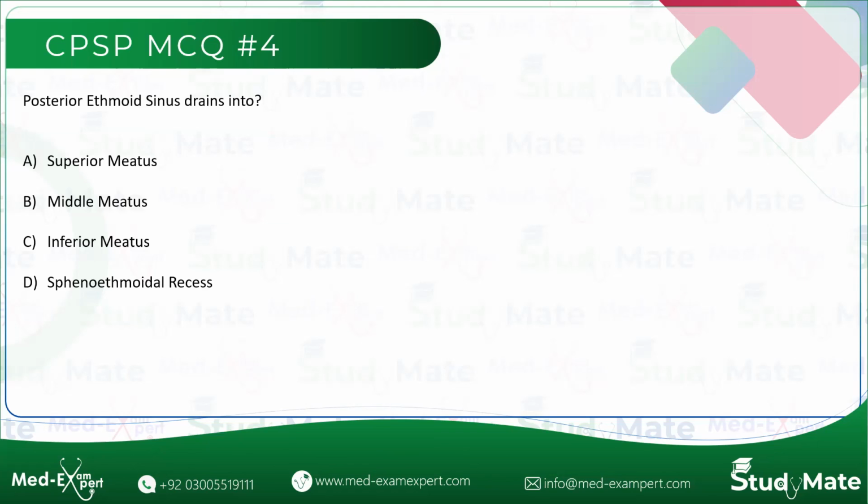Okay, I can see many correct options that it is A. The posterior ethmoidal sinus drains into superior meatus. Anterior ethmoid sinus drain करता है middle meatus में, और जो posterior ethmoid sinus है, which is part of the posterior group of the paranasal sinus, it drains into the superior meatus.